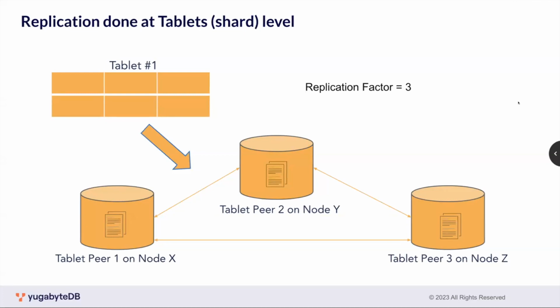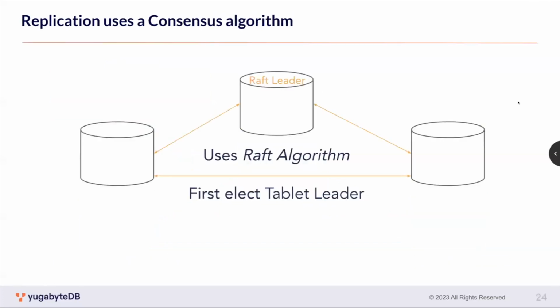That means if one of them is down, this will still work. What we are using is pretty well known: the Raft consensus algorithm. For example, etcd uses it. A lot of new applications and distributed systems use that.